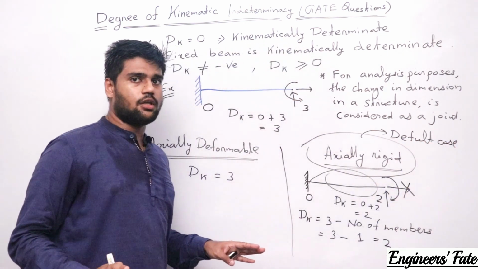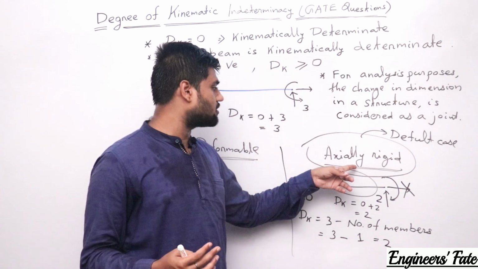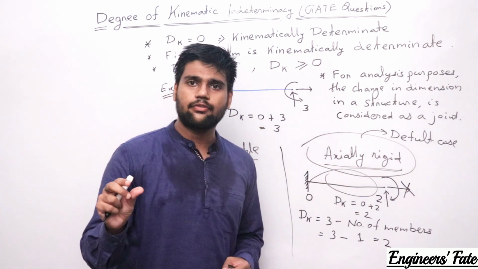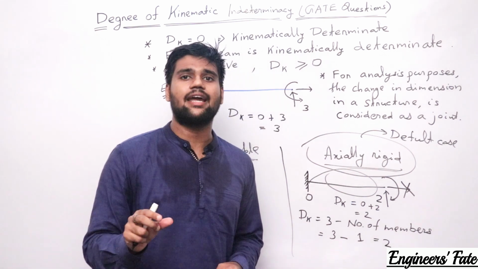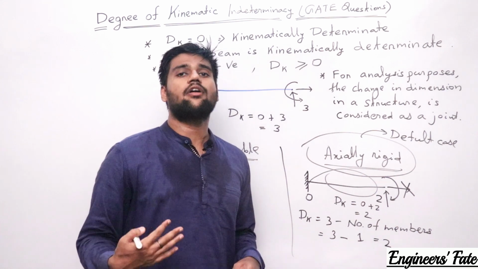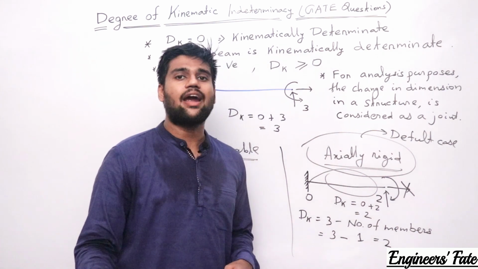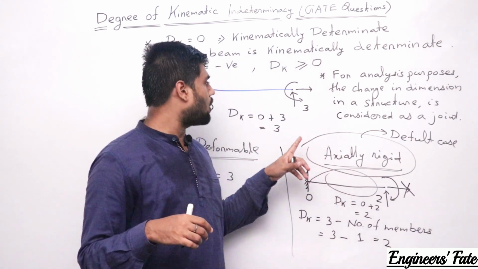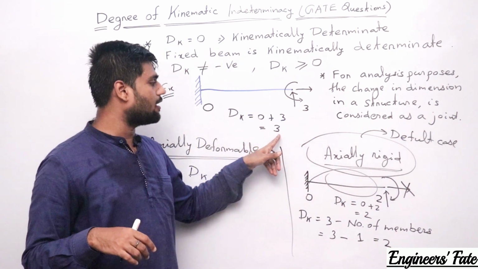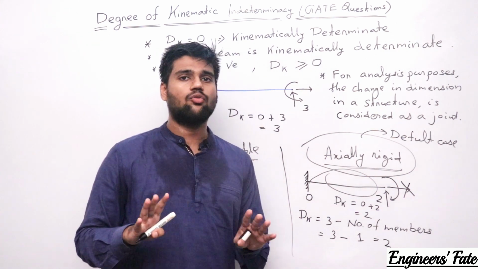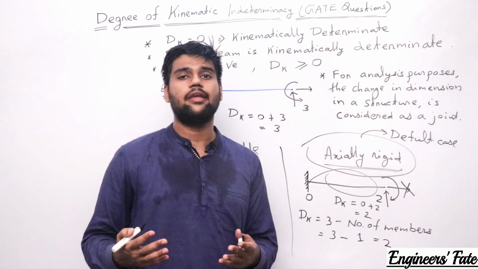Even if in the question he does not mention actually rigid, and only writes to find the number of degrees of freedom or kinematic indeterminacy of the structure, find the answer considering actually rigid. Whatever dk value you have obtained, subtract the number of members, and that will be your answer.